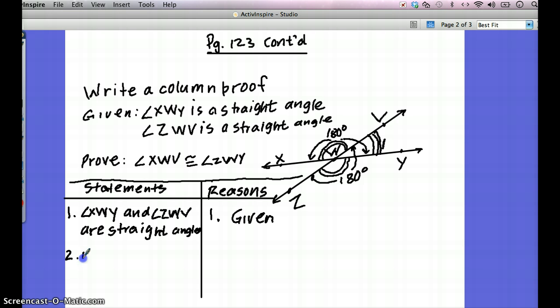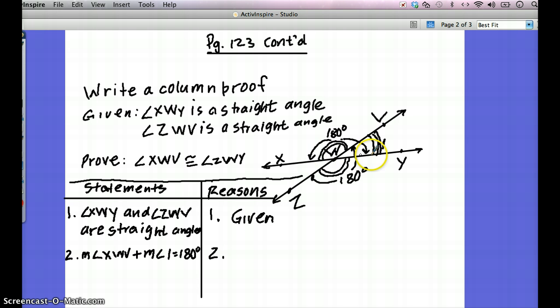So here I go, measure of angle XWV plus measure of angle 1 is equal to 180 degrees. I wonder if you could think of what the reason for that would be.